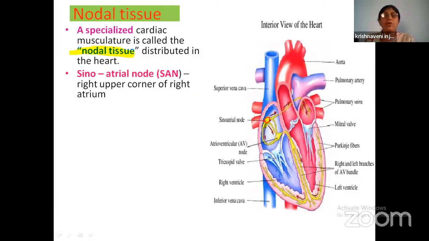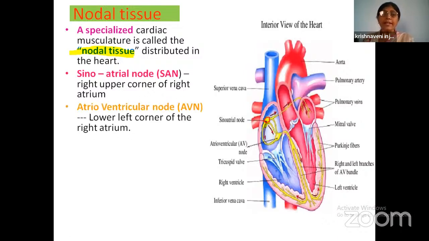This is the specialized cardiac musculature. Where is it located? This is the right atrium, and it is at the right upper corner of the right atrium. See here, this is the location.